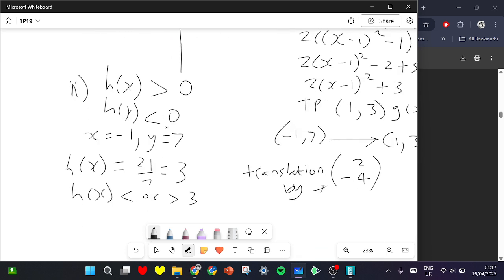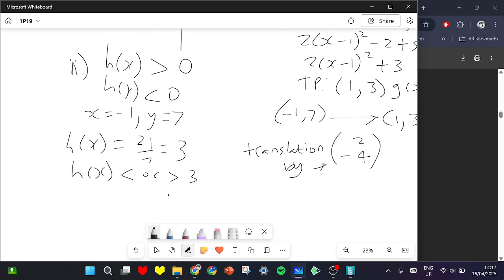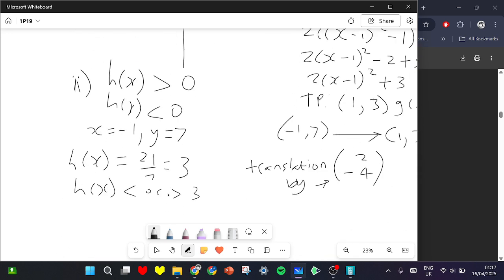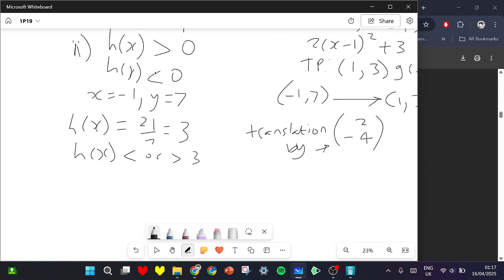From this, you can already figure out that if you have 0 and you have 3, then this has to be between them, right? So you're going to get 0 is less than h of x. Oh yeah, this is equal to, because it can equal 3, right? So, yeah, less than or equal to 3.